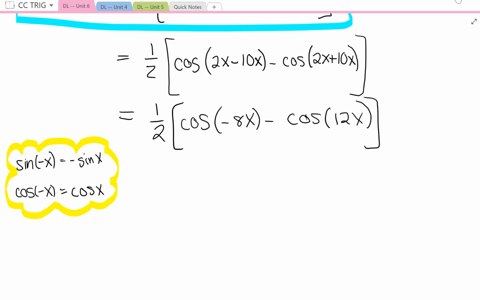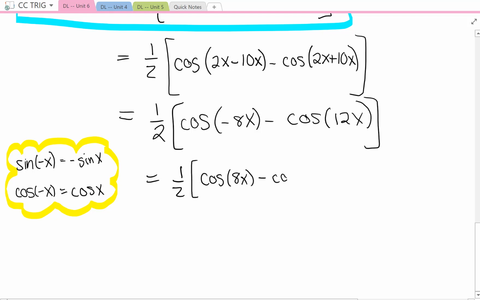Because cosine is an even function, cosine of a negative input is the same as cosine of that input being positive. 1/2 times cosine of positive 8x minus cosine of 12x.